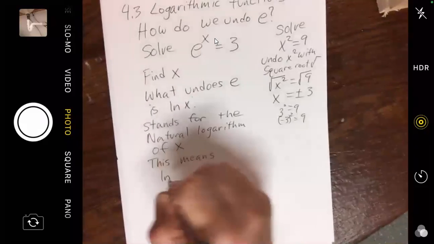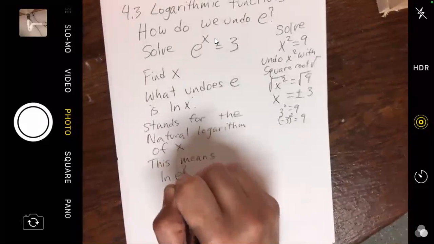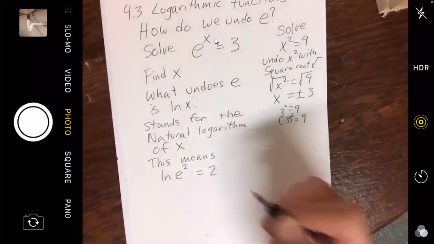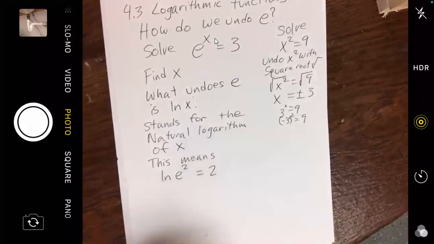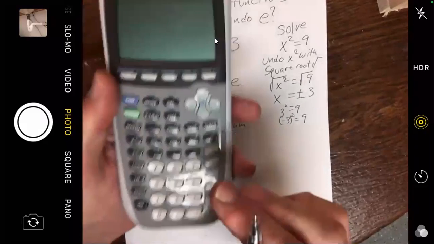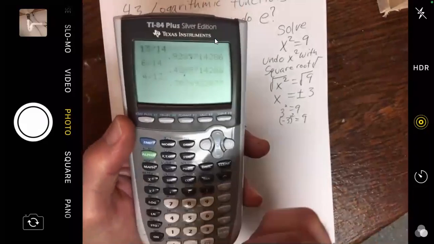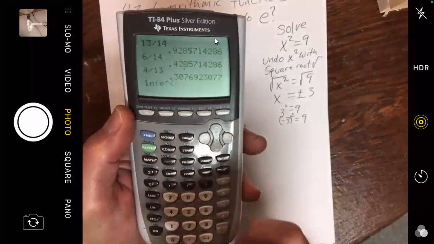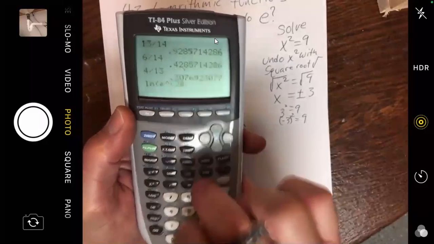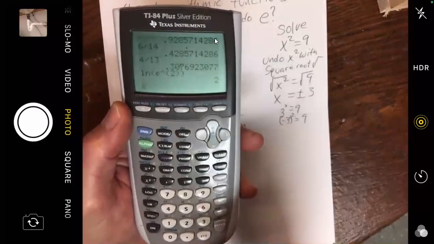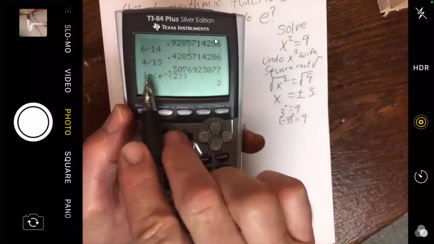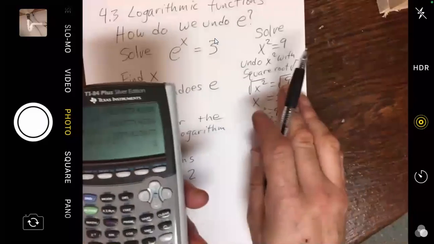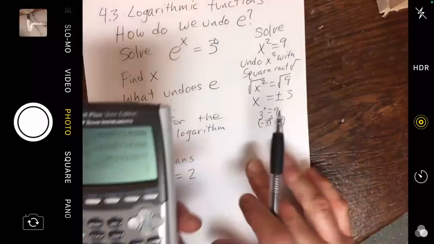So what this means is a natural logarithm of e to the 2 must equal 2. We can punch this on the machine and show this. Hit ln, and then I hit second ln, which gives me the e to the 2, and sure enough, I get 2. The ln and the e cancel, just like square root and x squared cancel.